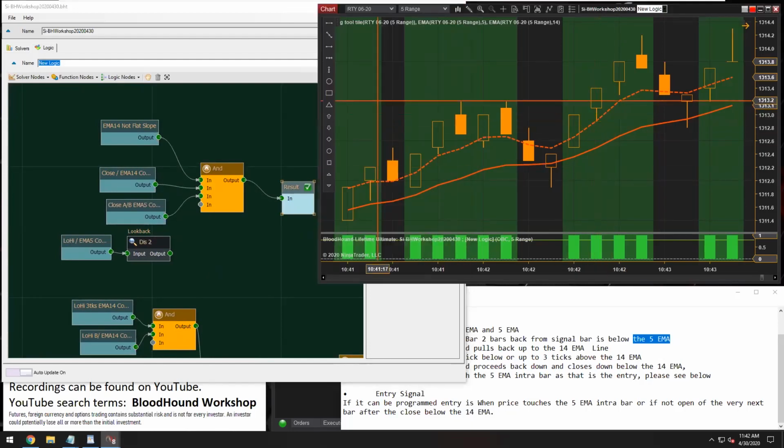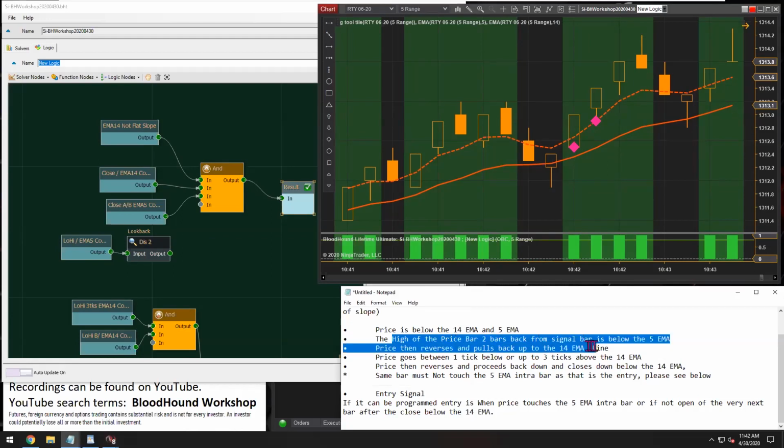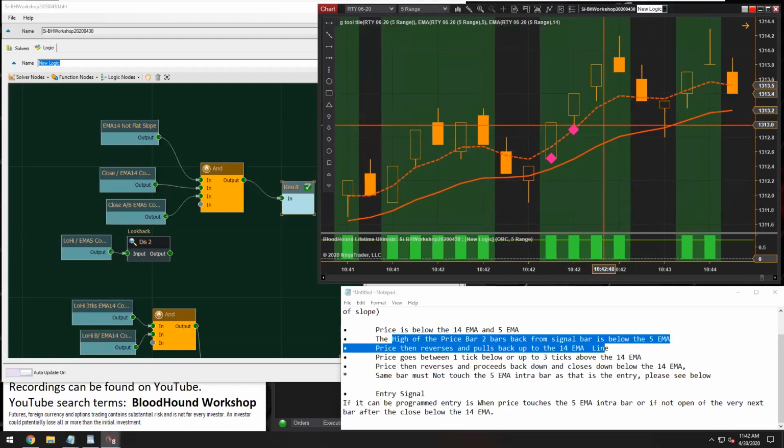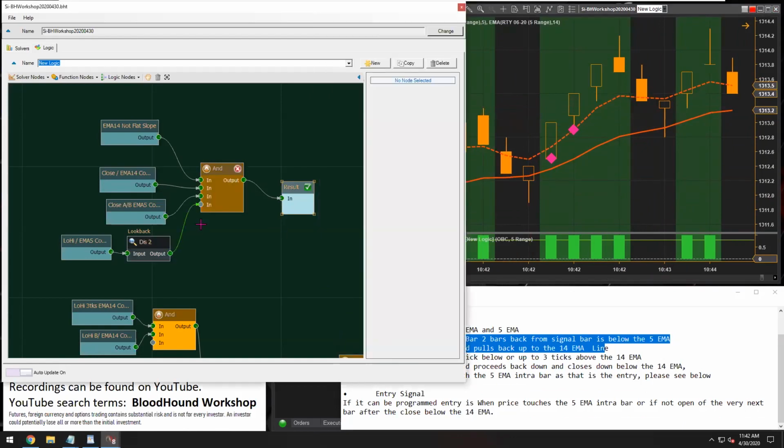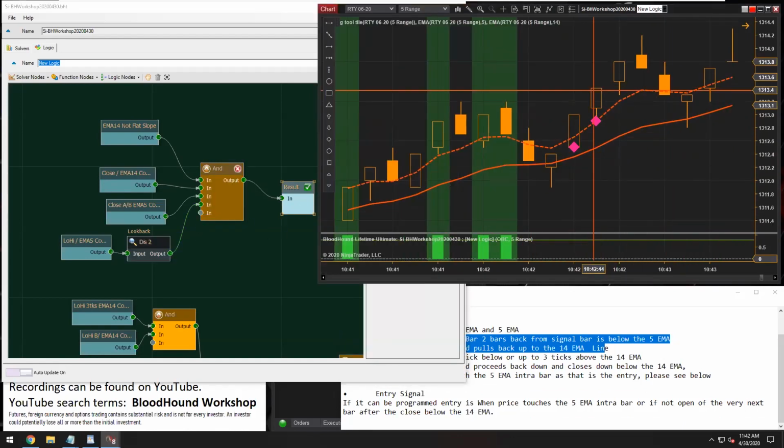All right. So what's happening here, right? Our wick is basically touching our EMA5. And obviously the low of this bar is touching that EMA5. Yeah, so this rule here basically filtered out our signal there. So if I connect this back in, right, all of this disappears here.